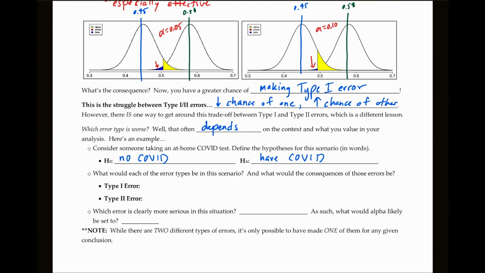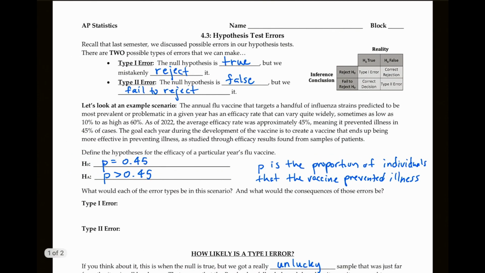I want to end though really quickly with the notes. While there are these two different types of errors, there's only ever a possibility to make one of them, okay? Because the whole idea, I'm going to rewind all the way back to the very beginning, is that it depends on what decision you have made.